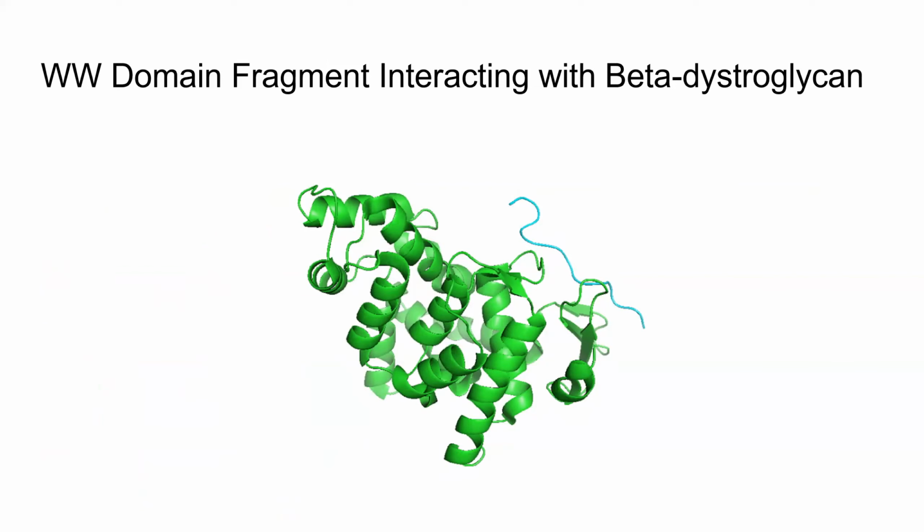So this is the WW domain, which is the only other domain of utrophin or dystrophin that has been mapped. So the green is the actual WW domain of dystrophin, while the blue is the specific peptide within the DAG complex, which is also known as beta-dystroglycan.